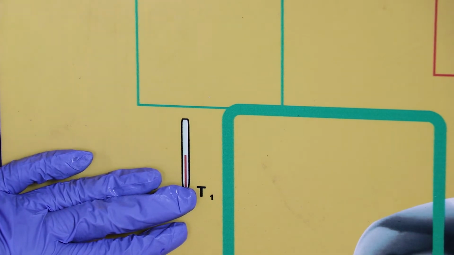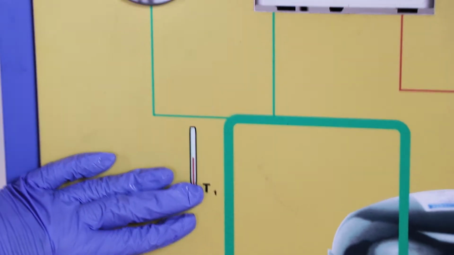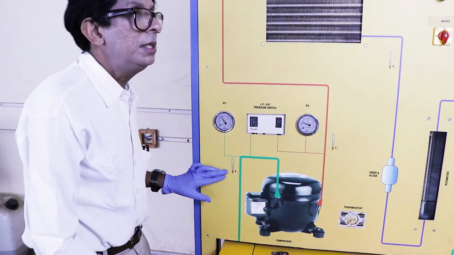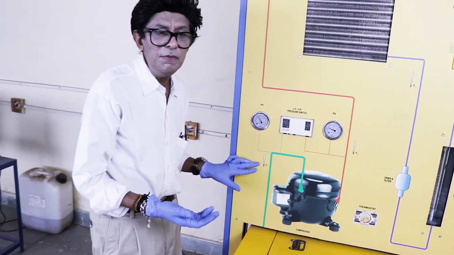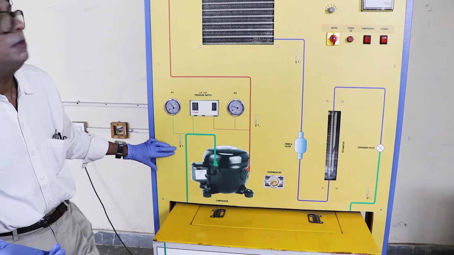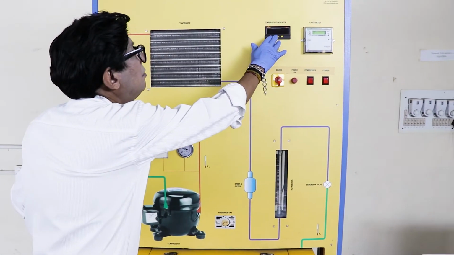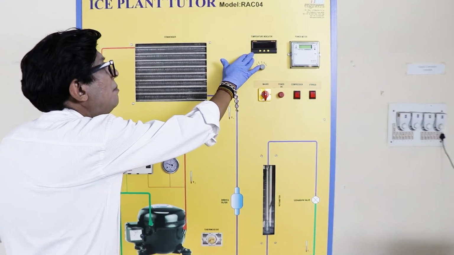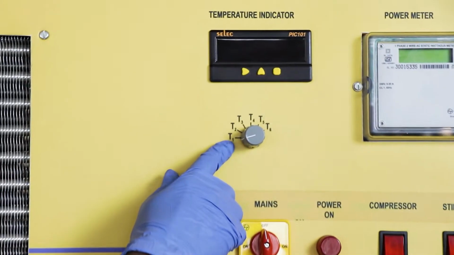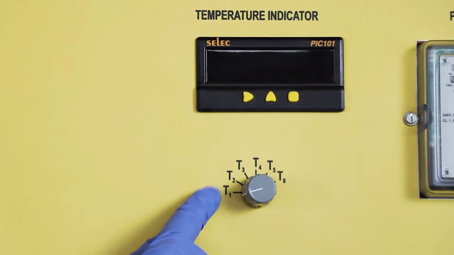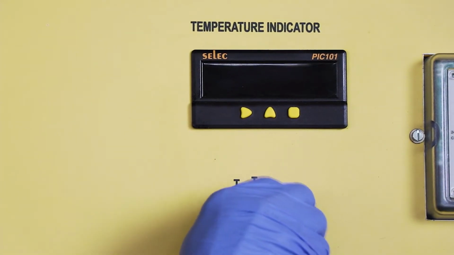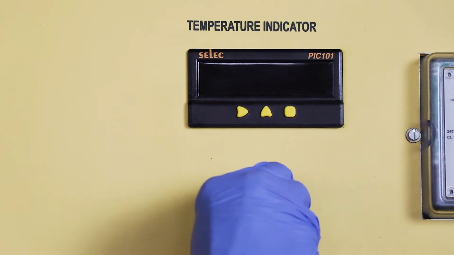They are measuring the EMF, basically between the hot junction and the cold junction, and the EMF which is generated because of the temperature difference is calibrated in terms of degrees, and we measure the temperature in digital form from this particular indicator. And there is a knob here. This knob has various T1, T2, T3, T4 tappings, and we can rotate this knob and get T1, T2, T3, T4, whichever you want here.